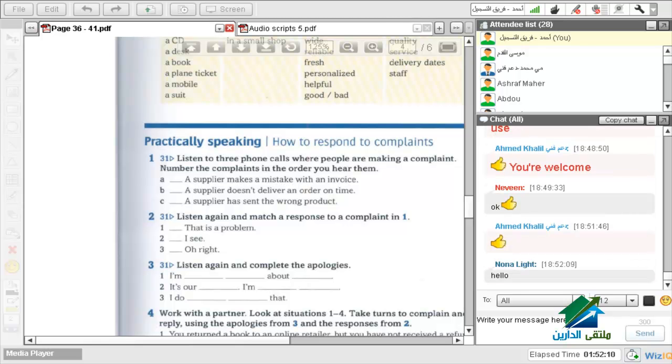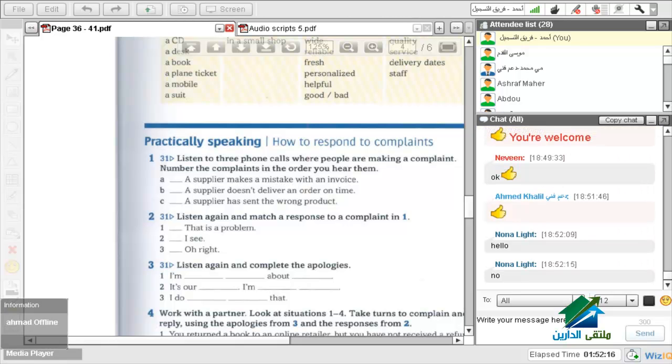That is a problem. Check here. Listen and match responses to a complaint in one. Oh, that's a problem. Thank you. When you are receiving a complaint on the phone or face-to-face in your office, as you are a customer service agent now, you need to respond positively to your customer.